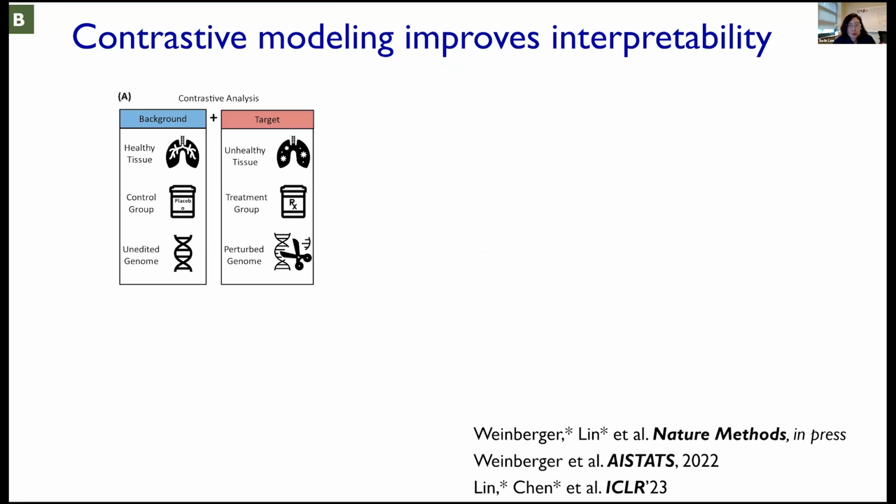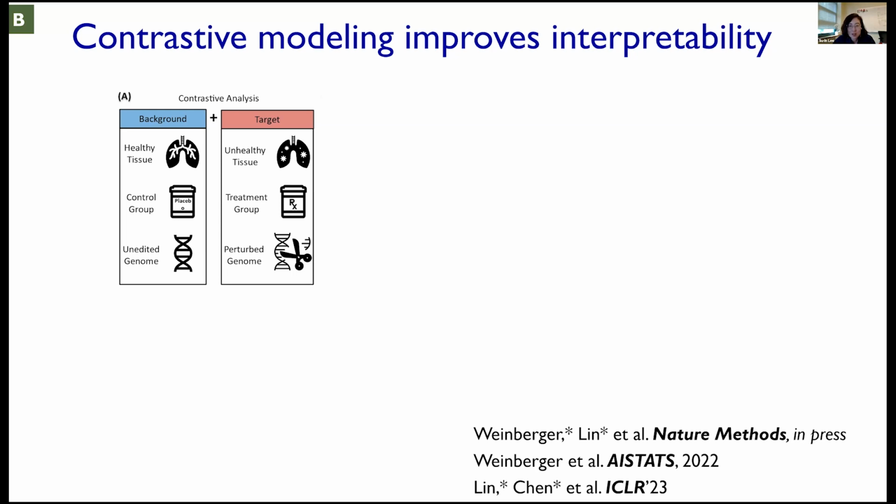Another idea to make the neural network architecture more interpretable for gene expression data sets is to accommodate the target versus background setting. Especially single-cell transcriptomic data sets are routinely collected in this manner.